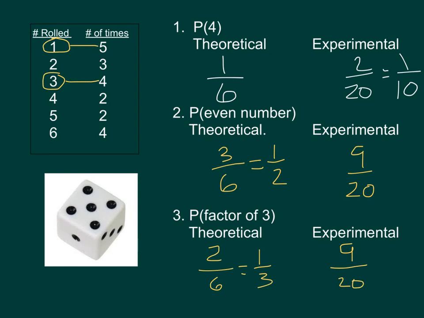If we look at 1/3 of 20, we can estimate that to be around 7. It's a little close, but it was not exact. You can see that in all of these cases, the experimental and the theoretical probabilities were not exact.